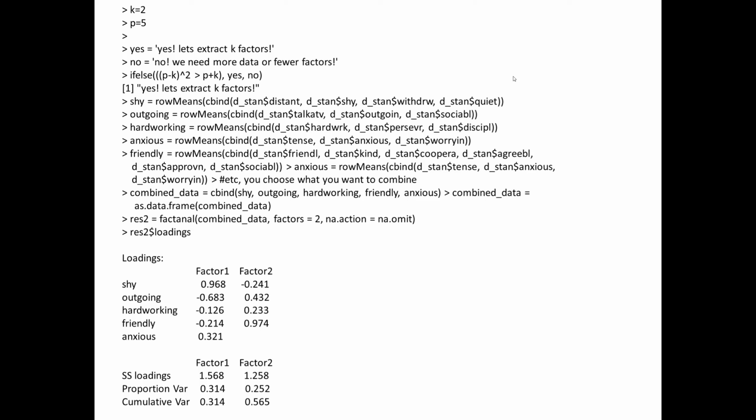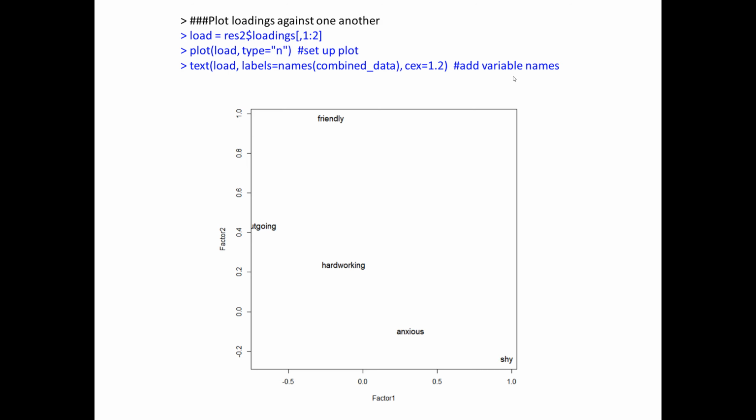I've got the R code on this slide along with the resulting factors and loadings. I have to warn you that this is and can be a bit controversial because you're making subjective decisions sometimes in which variables to include in a particular factor.